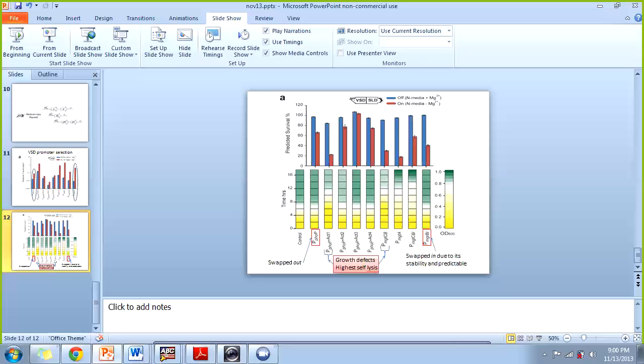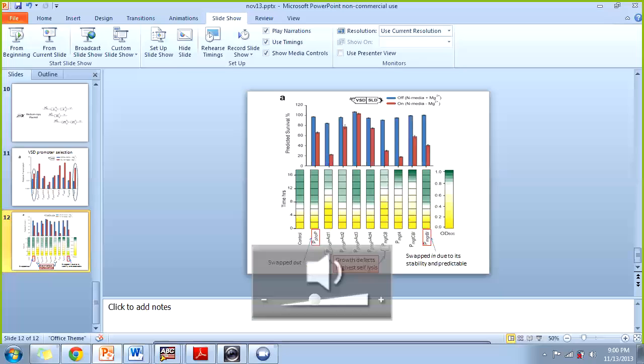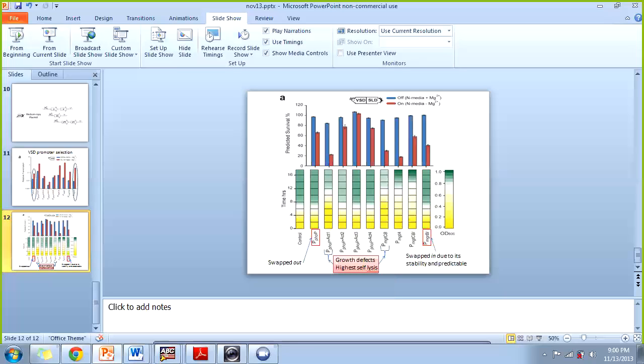Yeah, so we were having a little discussion here. Just to clarify, we mentioned earlier the dampening of your bacterial self-lysis device. There is actually a promoter that's responsive to low magnesium levels.